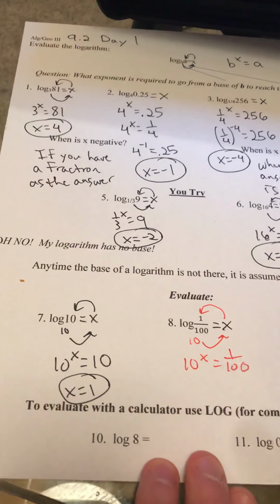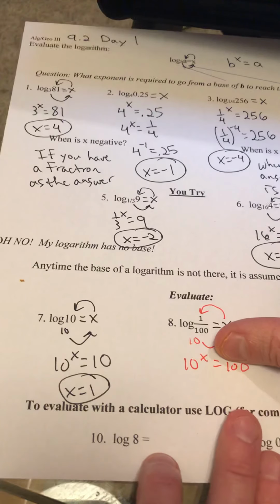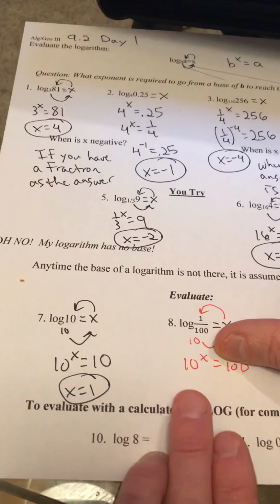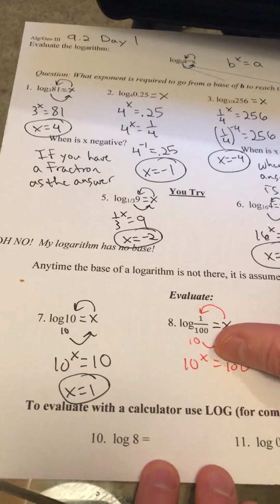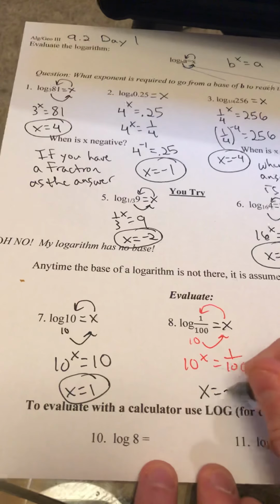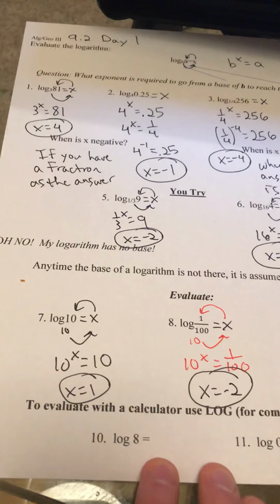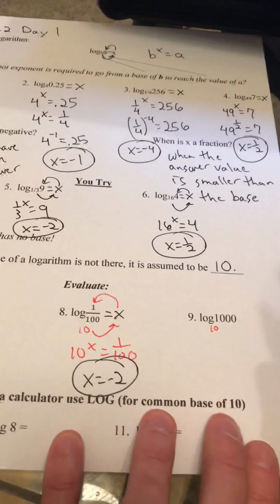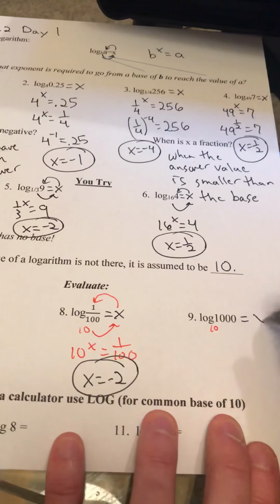Well, again, if you want, don't worry about the fraction. Figure out what power of 10 is 100, and then you just make that answer negative. Well, 10 to the second is 100, so our exponent is negative 2.